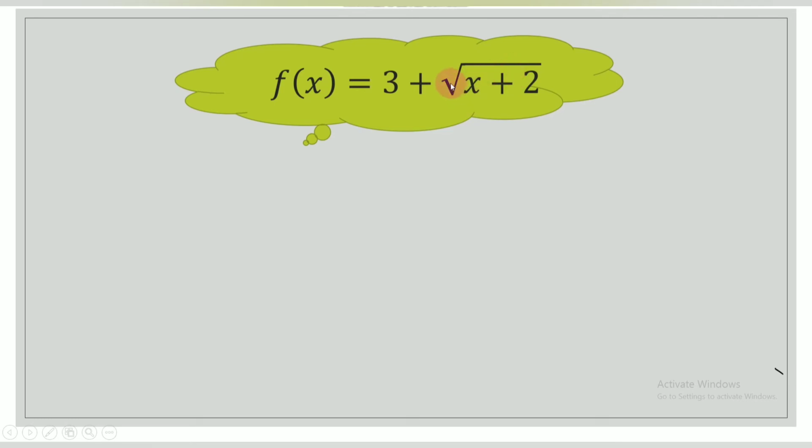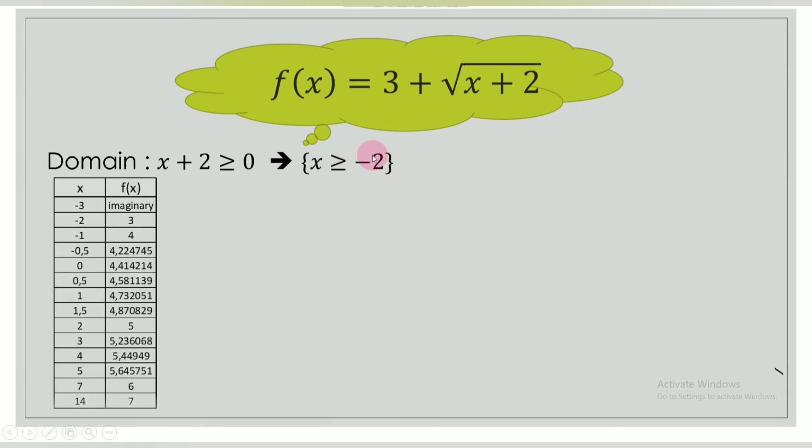For any positive or 0, it will still give you real values for your y. So let's first specify our domain. The radicand must be greater than or equal to 0. Therefore, the domain is all real numbers greater than or equal to -2. You can put any real numbers except numbers that are less than -2.